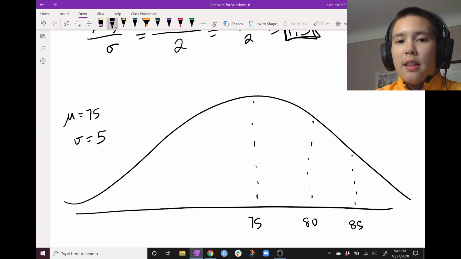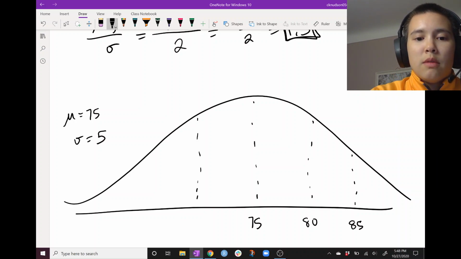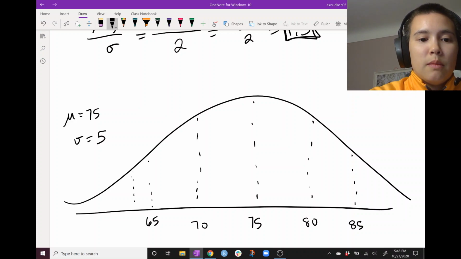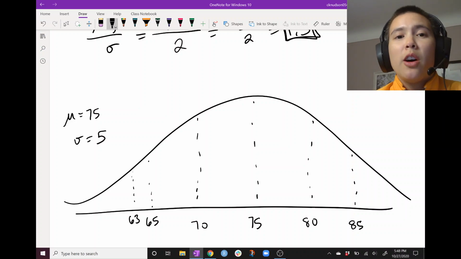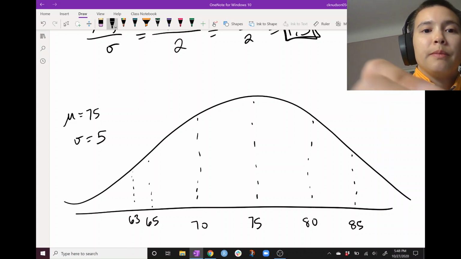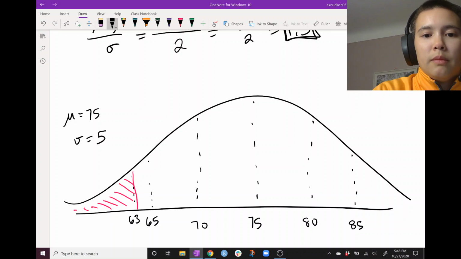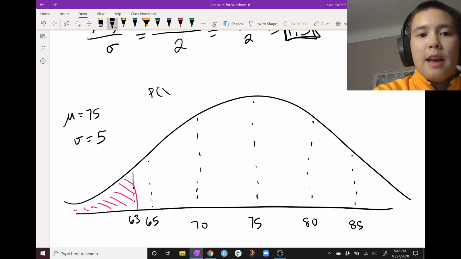Okay, so let's say that anyone who's getting 63 or lower has to do some makeup assignments. We want to know what proportion of students earned a 63 or lower. So we're looking for the probability that X is less than 63.